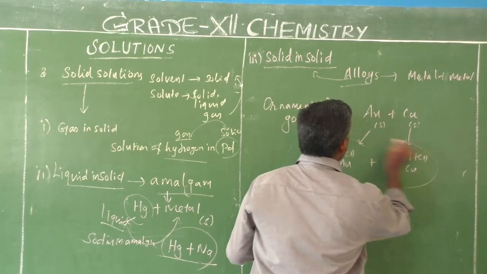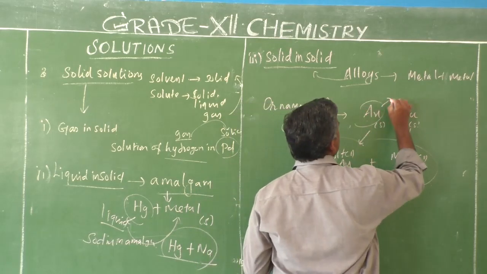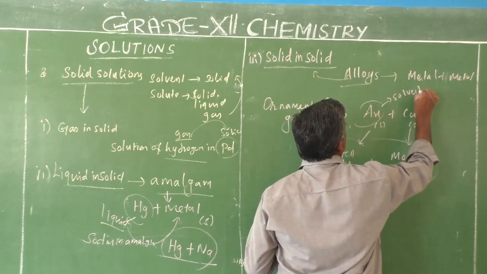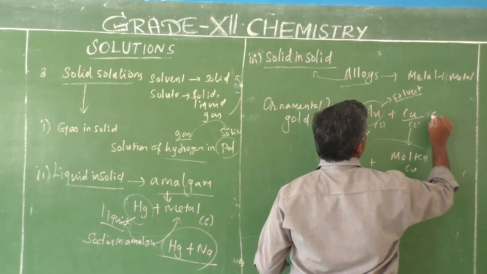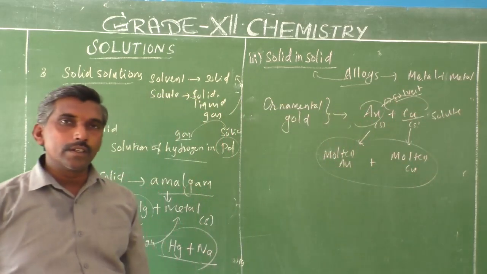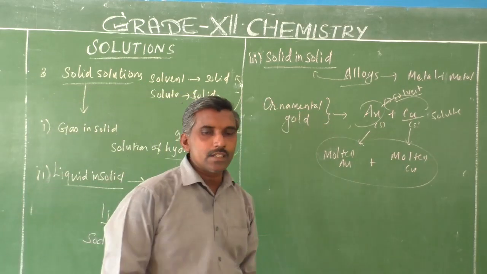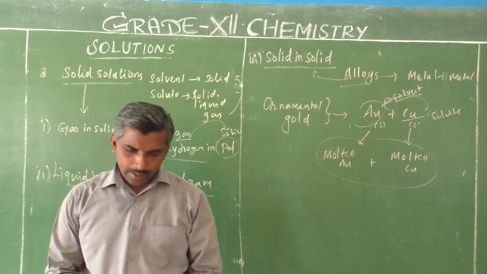Now it is mixed. This is a solid. In this ornamental gold, gold is the solvent, the maximum amount, and copper is the solute, the minimum amount. So copper is dissolved in gold. That is ornamental gold. This is known as solid in solid.